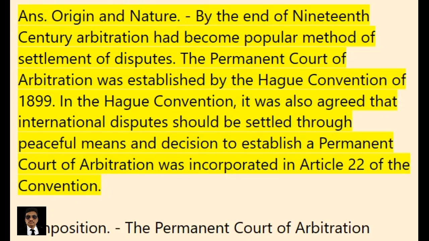The Permanent Court of Arbitration was established by the Hague Convention of 1899. In the Hague Convention, it was also agreed that international disputes should be settled through peaceful means, and the decision to establish a permanent court of arbitration was incorporated in Article 22 of the Convention.